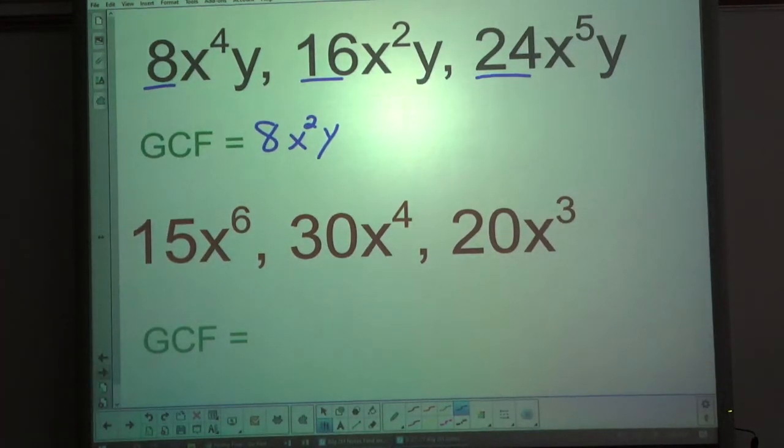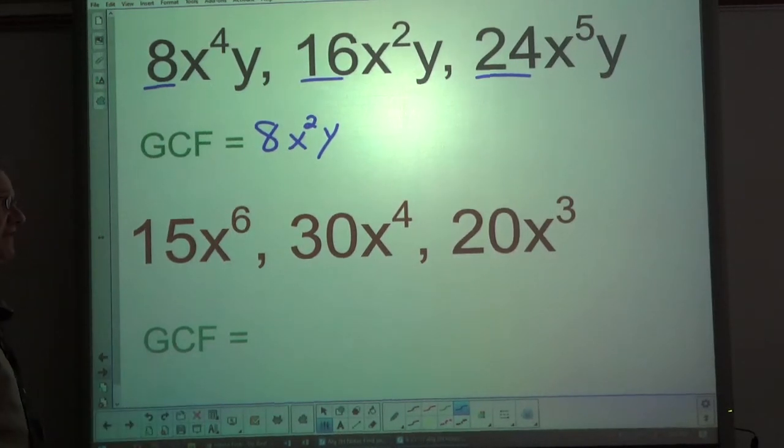There is your GCF. The biggest thing I see people do is they get problems like this and they forget to do the variable part, or they forget to do the coefficient part. Both parts have to be done. Now, it doesn't mean there's always a variable or always a coefficient other than 1, but you have to look for it.